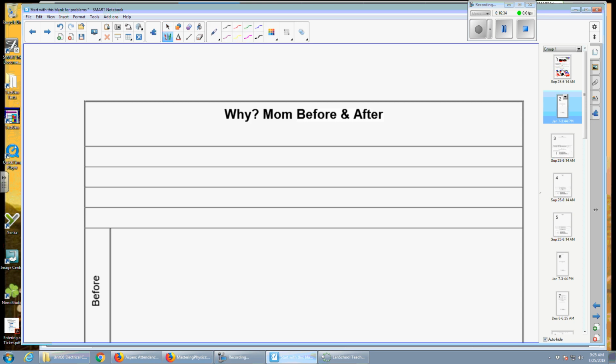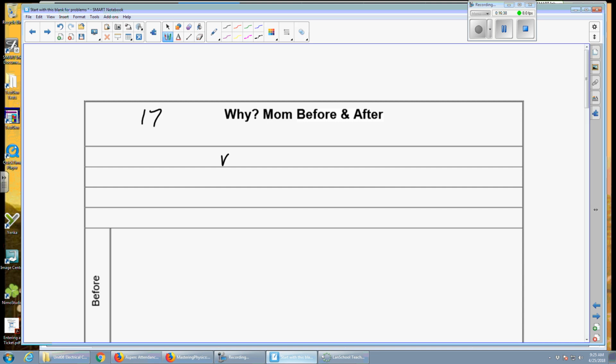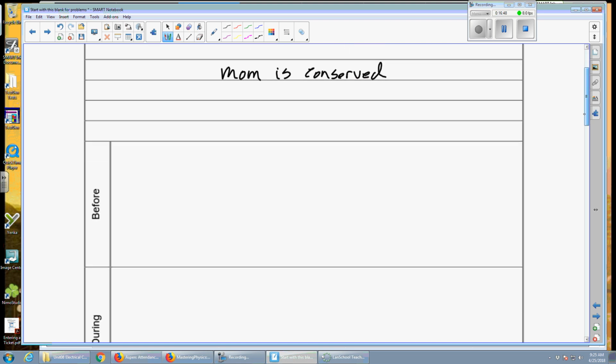So I'd probably start off here. This is 17. Probably start off with momentum is conserved, just to make sure that we completely understand that.